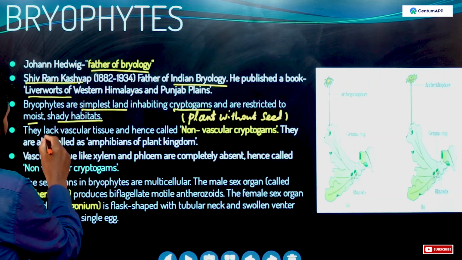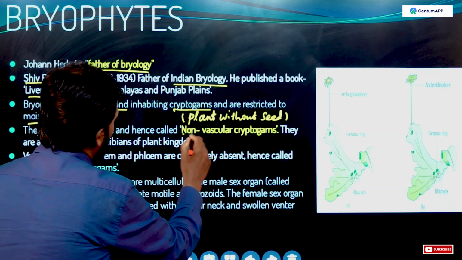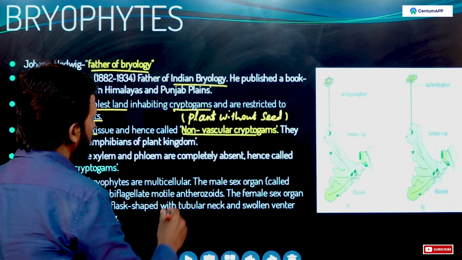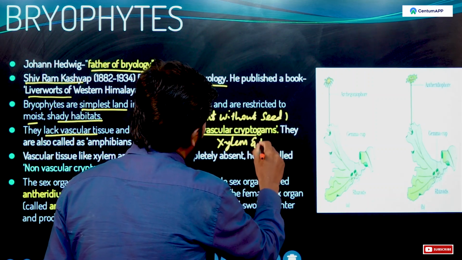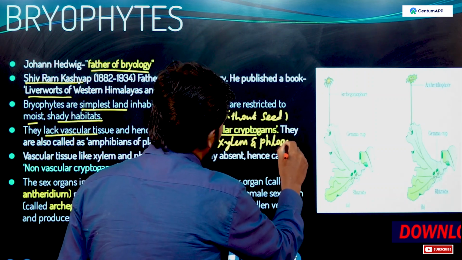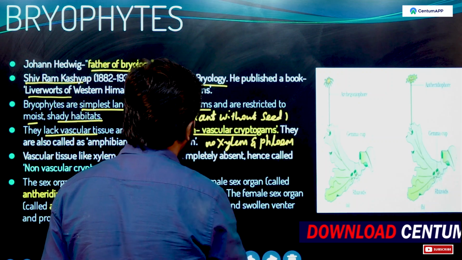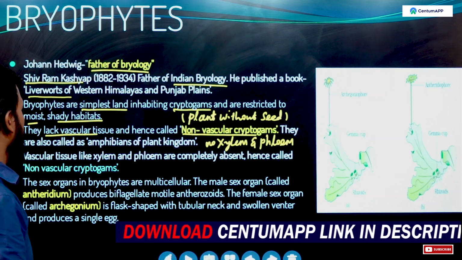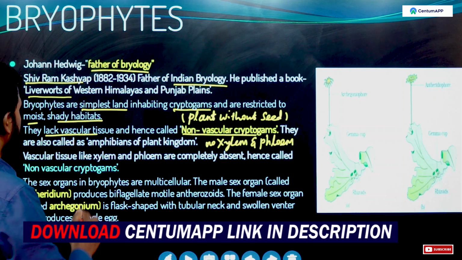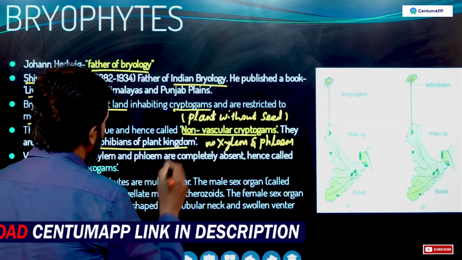They lack vascular tissues, hence they are called non-vascular cryptogams. There is no xylem and no phloem. That's why we say non-vascular cryptogams, also called amphibians of the plant kingdom.